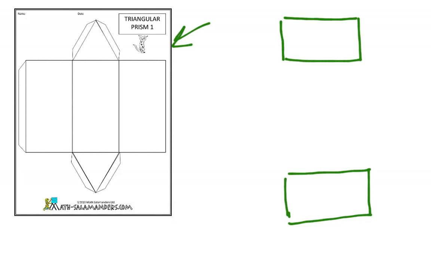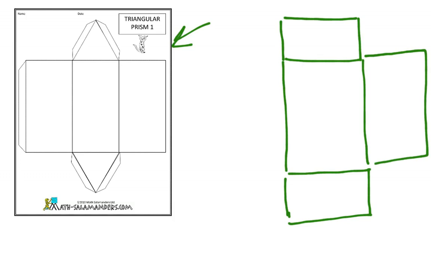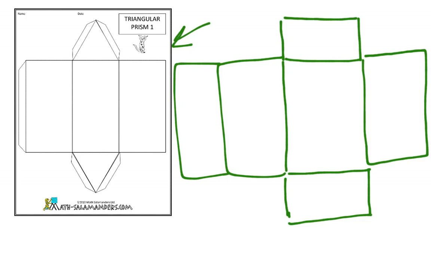And then you would draw in the other faces. So this has 4 sides, so there's 1, 2, and then 2 more coming off of here. So that would be a rectangular prism net.